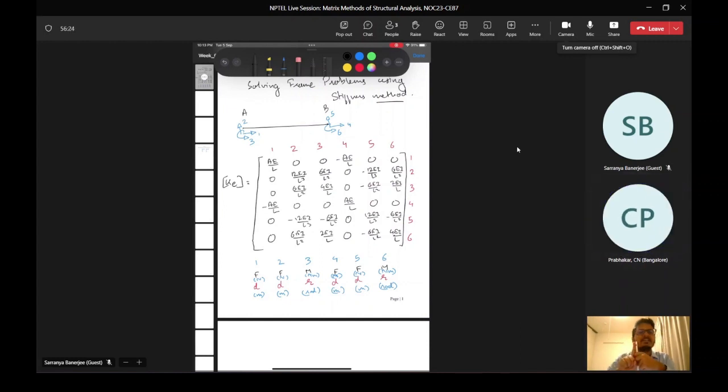So this is the diagonal element. In that case, we are getting a force in newtons with L cube divided to that 12 EI. Agreed.